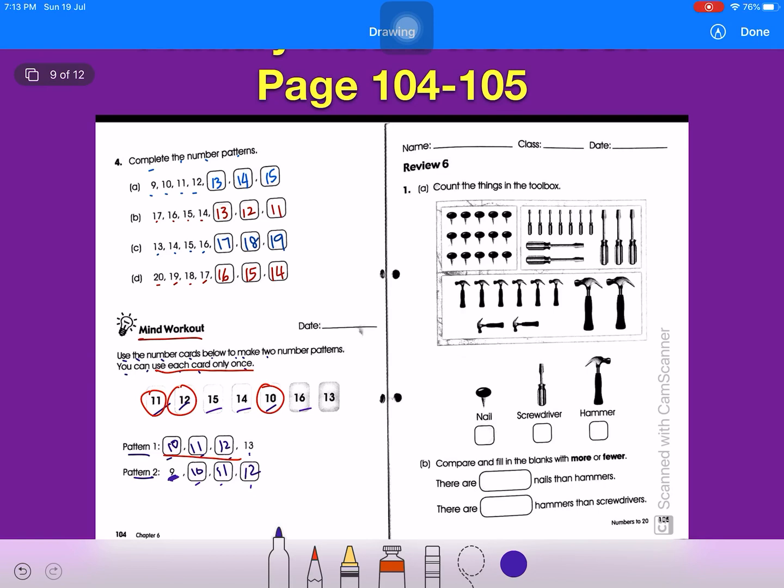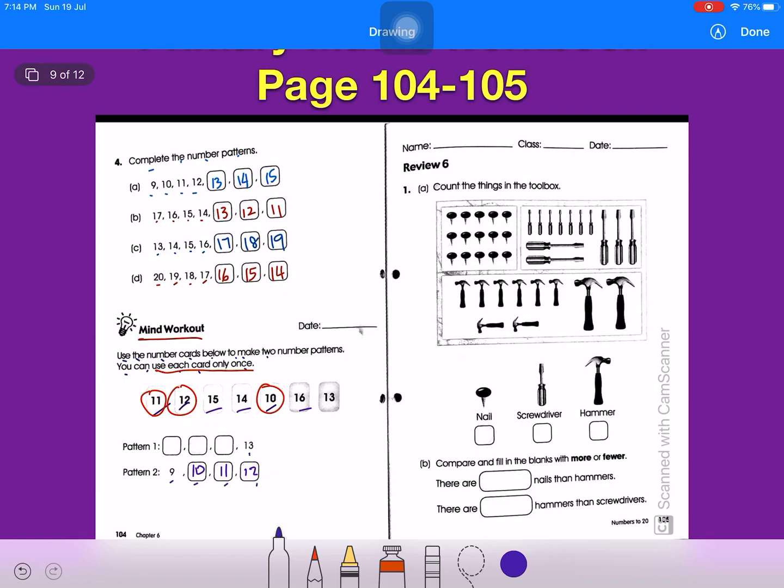Because if we use count back method, it will be 9, 8, 7, 6. Here don't have 8, 7, 6. So this one cannot. That means pattern 1 we cannot use 10, 11, 12. So we can use 10, 11 and 12 for pattern 2. That means 9, 10, 11, 12 is for pattern 2.